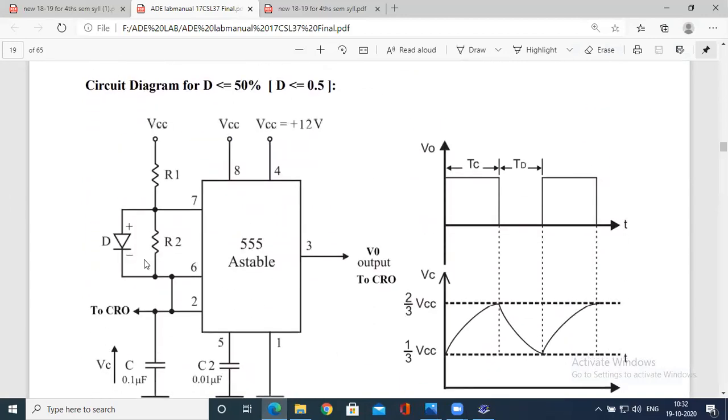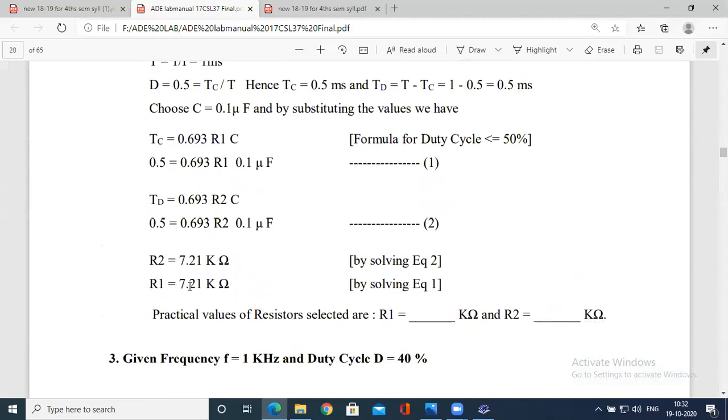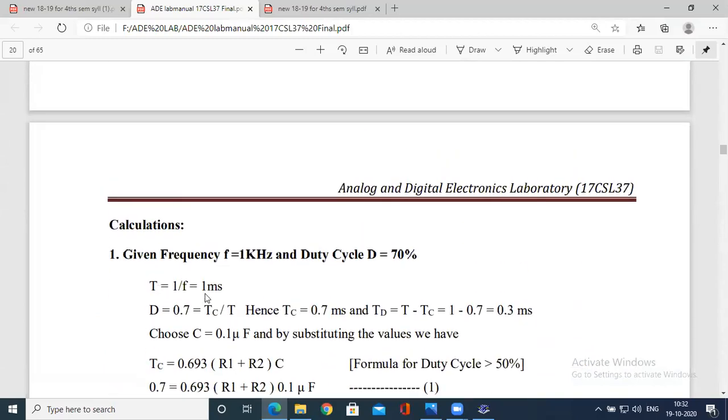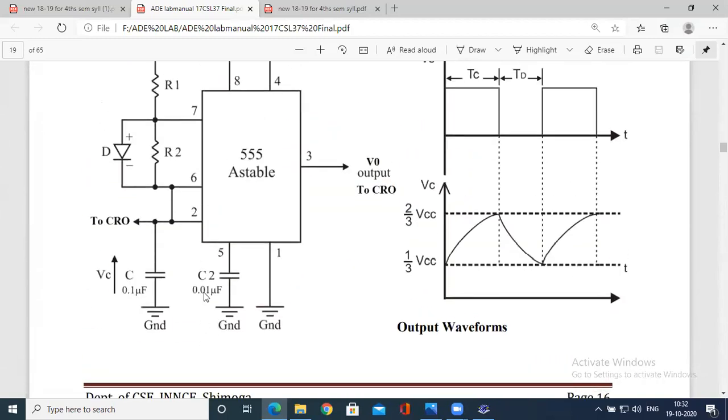So we'll take a diode for the duty cycle and we'll change the resistor values. The resistor value is 7.21 kilo ohm. You have to change the resistor value and also you have to bypass the resistor R2 with the diode. In this manner.